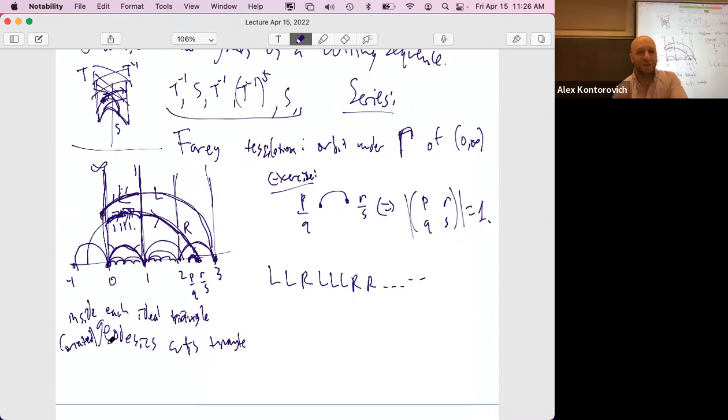So inside each ideal triangle, the geodesic cuts the triangle. And let's say we look to which direction from the geodesic has, let's say, 1 cusp as opposed to 2.